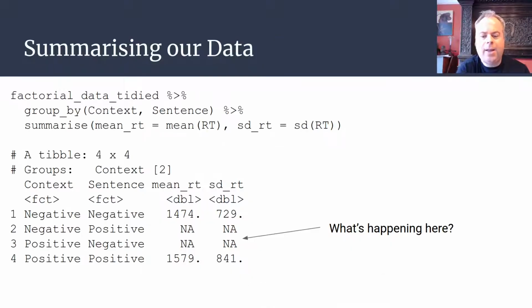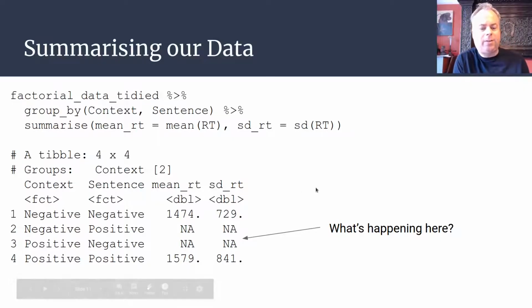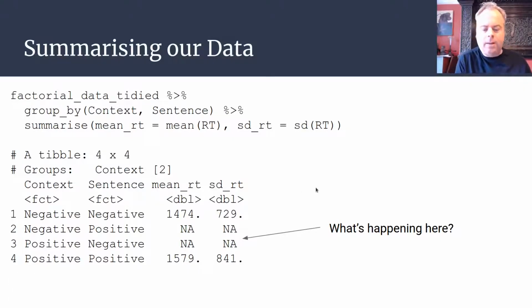Okay, so anytime you see NA coming up when you're doing some sort of aggregate summary statistics, it suggests that you've got missing data somewhere in your data set. R isn't going to decide for you what to do about those missing data points. So it's not going to do anything, but it's actually going to tell you you've got missing data somewhere, and you need to make a decision as to what you should do with it, okay?